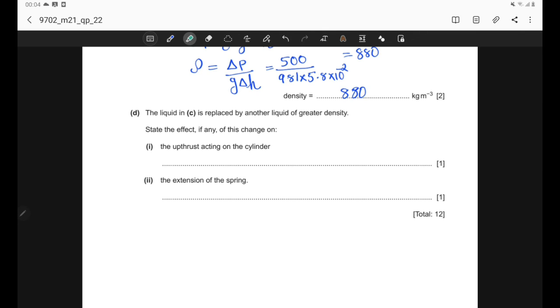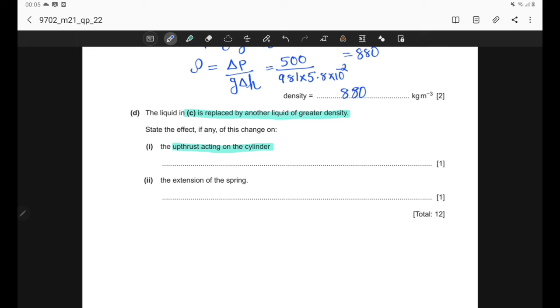Part D. The liquid in C is replaced by another liquid of greater density. State the effect, if any, of this change on Part 1, the upthrust acting on the cylinder. So when the density of the liquid increases, what will happen to the upthrust acting on the cylinder?